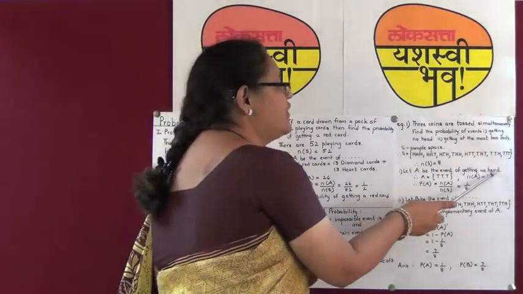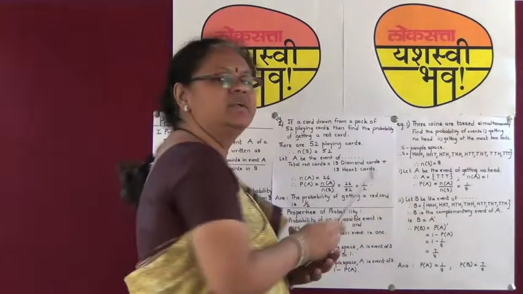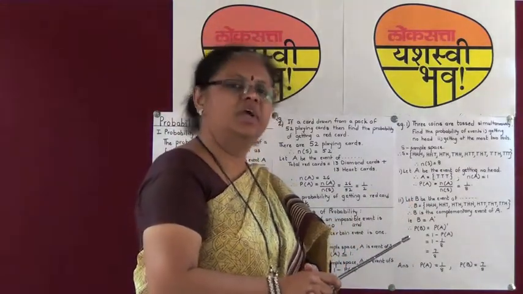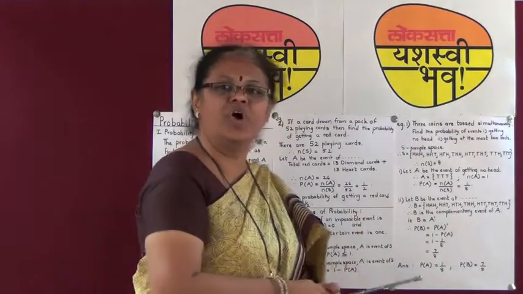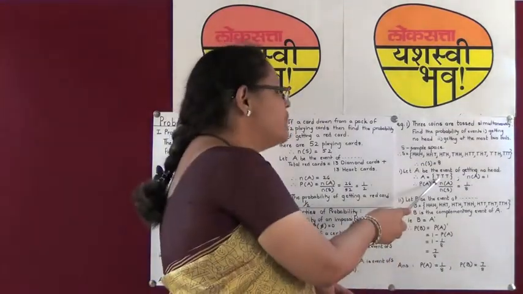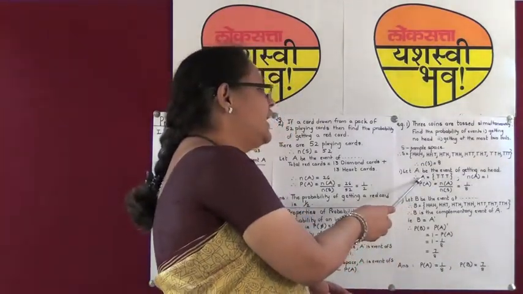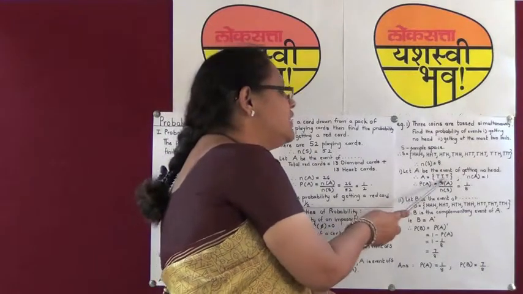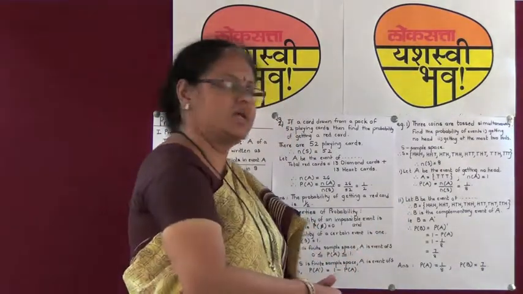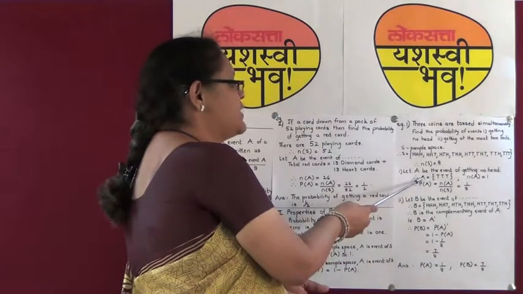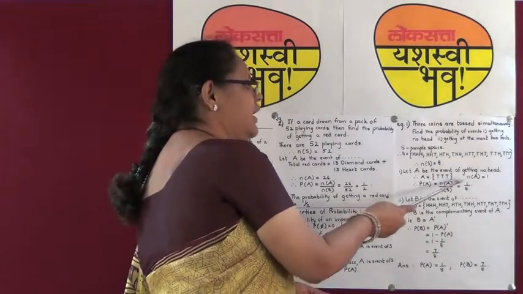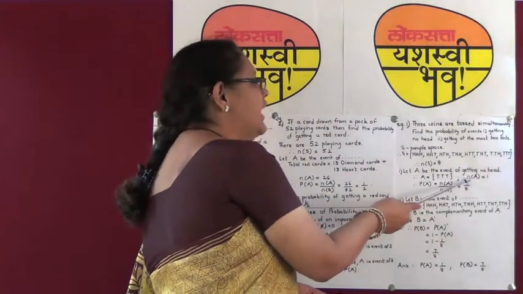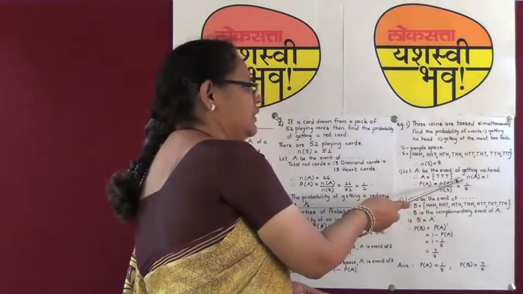The event of getting no head means that there should be no head on the upper surface of any coin. That is, the sample point in event A would only be 3 tails on the 3 coins, and therefore we write A is equal to {TTT}, and the number of sample points in event A is therefore 1.